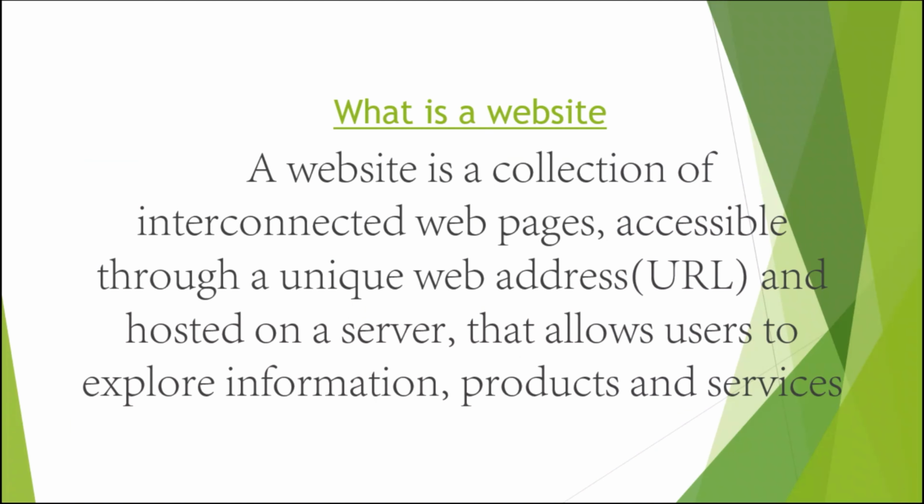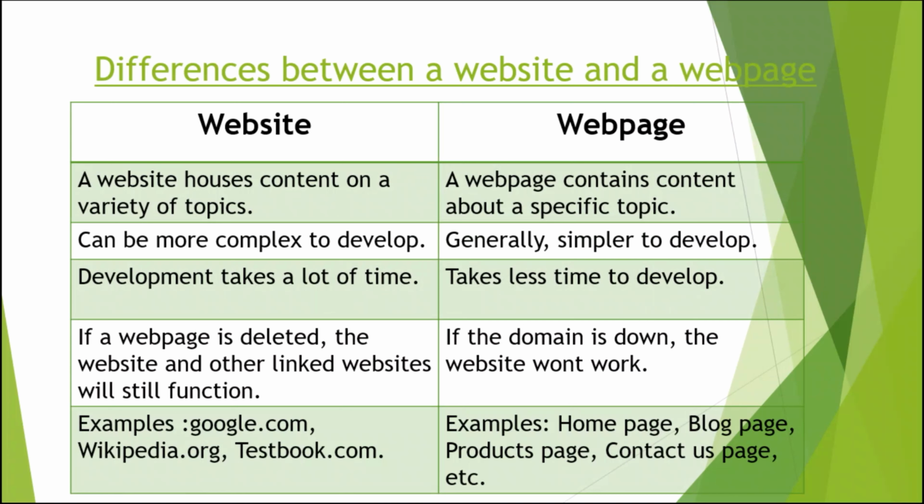So like we said earlier, a website is a collection of interconnected web pages. That means that in a website there are a lot of web pages, but a web page is just a single entity. So in a website you can get a variety of topics.